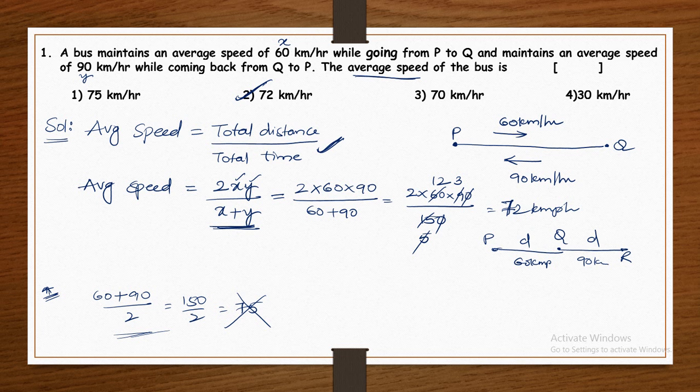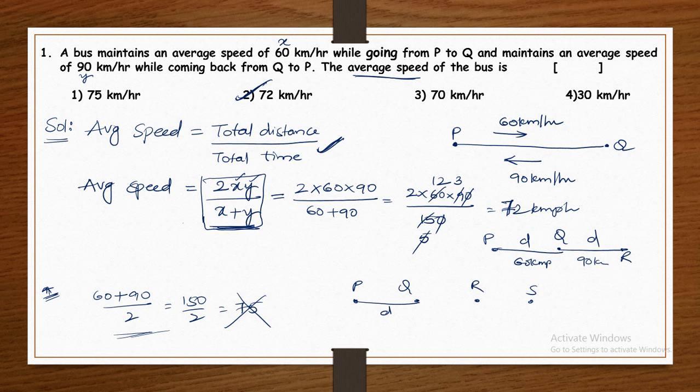Then also we need to apply the same formula, 2xy by x plus y, right? Whether it is to and fro motion, or moving in the same straight line, in both cases you are going to get the same formula. Suppose there are 4 points, from P to Q, Q to R and R to S.